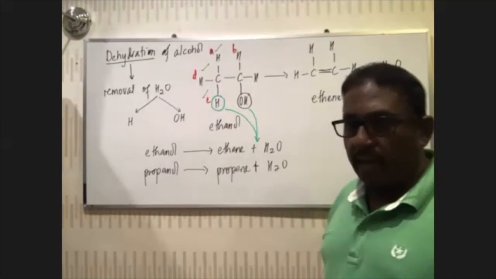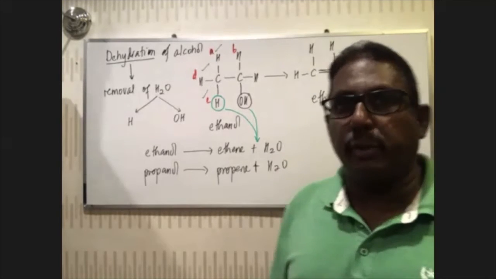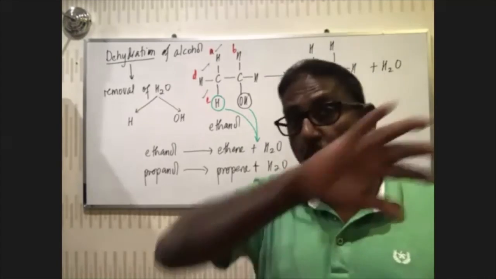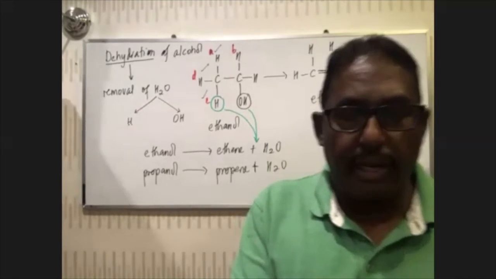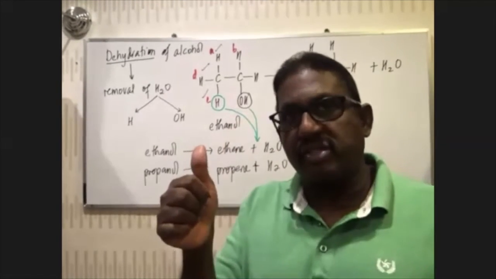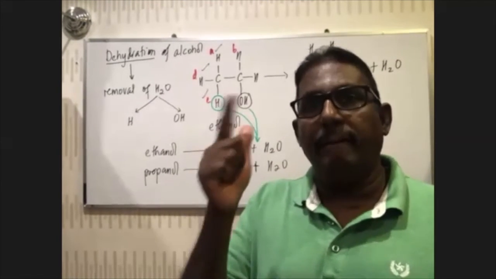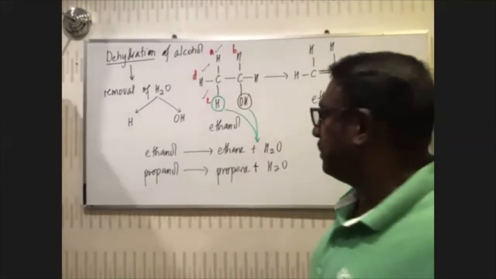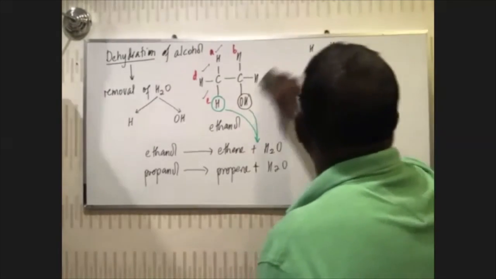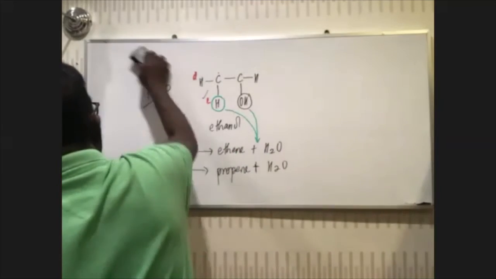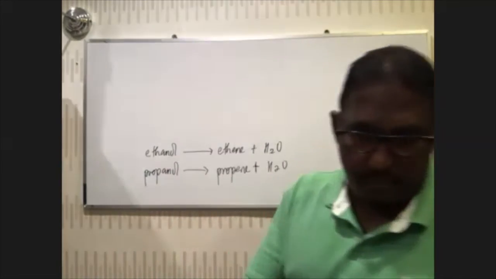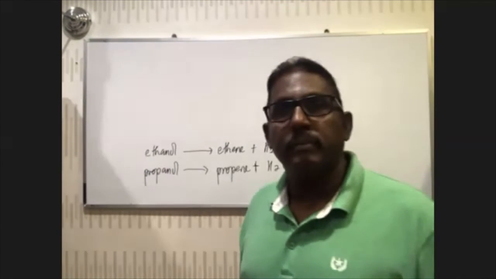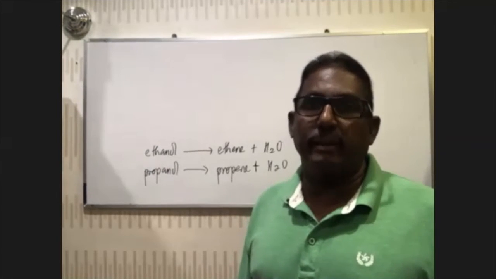Now, there is one alcohol that cannot undergo dehydration. Among all the alcohols, there's one alcohol that cannot undergo dehydration. A, state which is the alcohol. B, why? The answer is methanol.